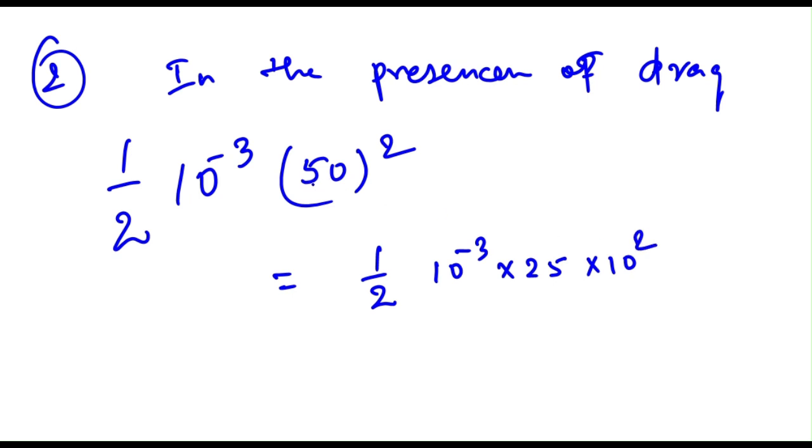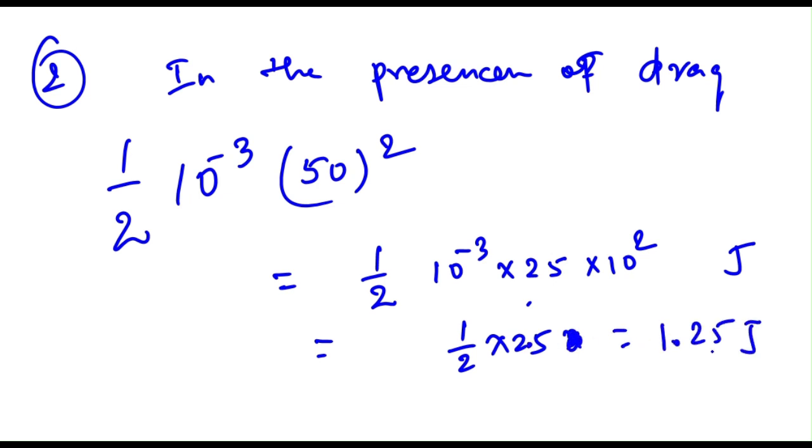I am writing 25 into 10 to the power 2 instead of 2500, or you can write 1 by 2 into 25, this is in joule, into 10 to the power minus 1, or you can write 2.5 here, and this will be 1.25 joule.